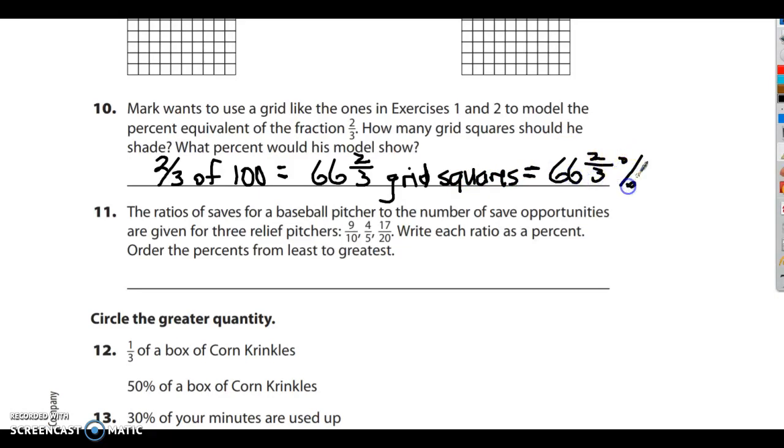It's probably just worth memorizing that 1/3 is equal to 33 and 1/3, and 2/3 is equal to 66 and 2/3. Okay, moving on.